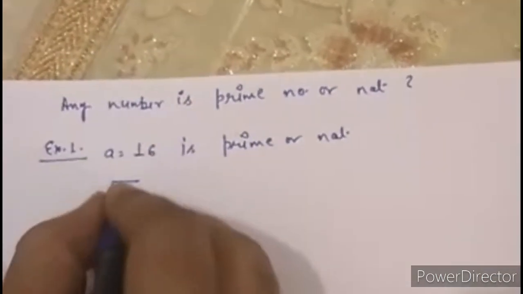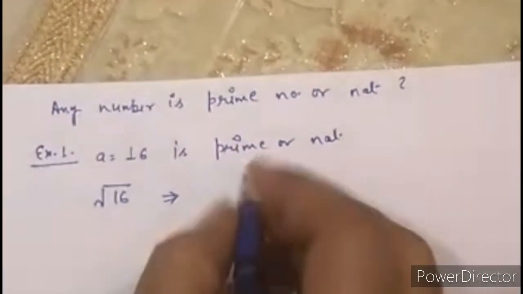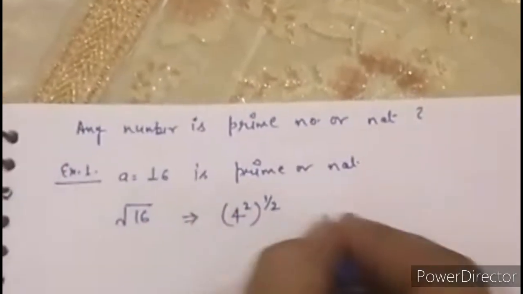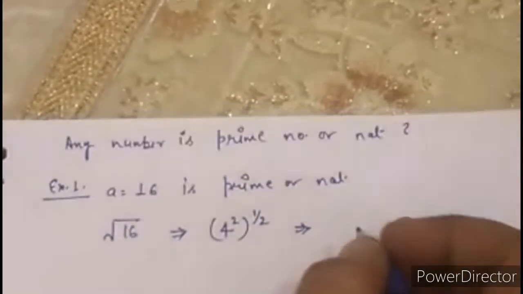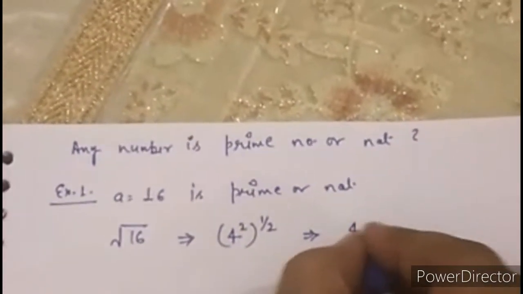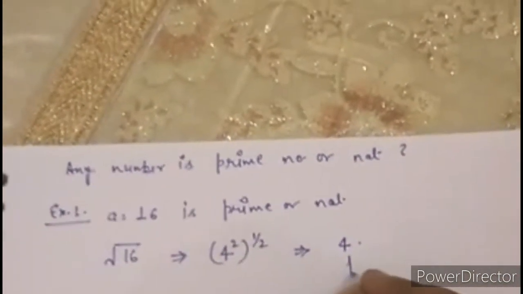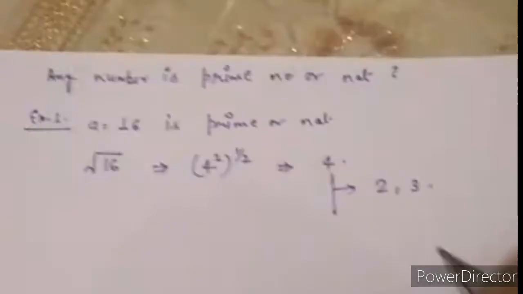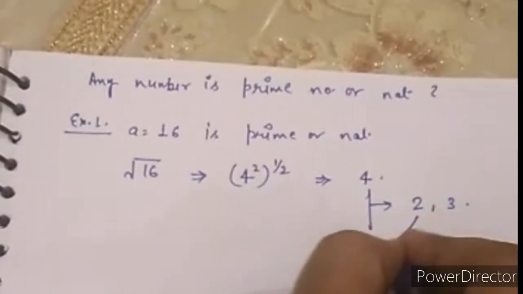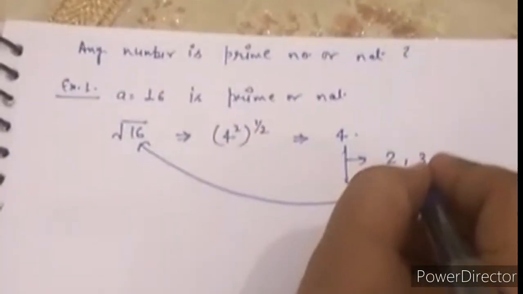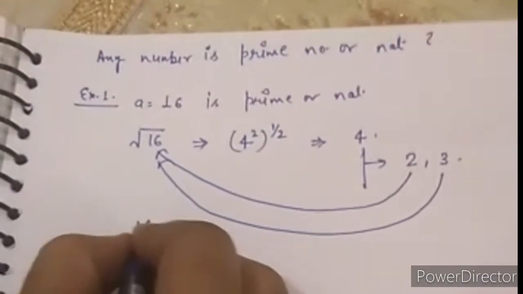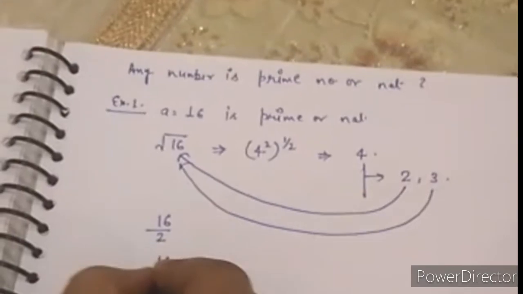Just take the square root of 16. What is the square root of 16? It's 4. So what are the prime numbers which are less than 4? 2 and 3. So now divide the given number, 16, by 2 and by 3.